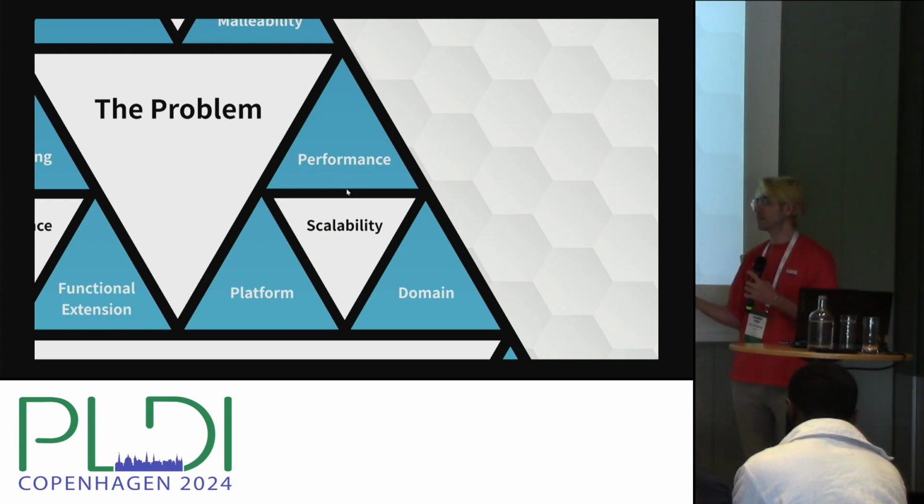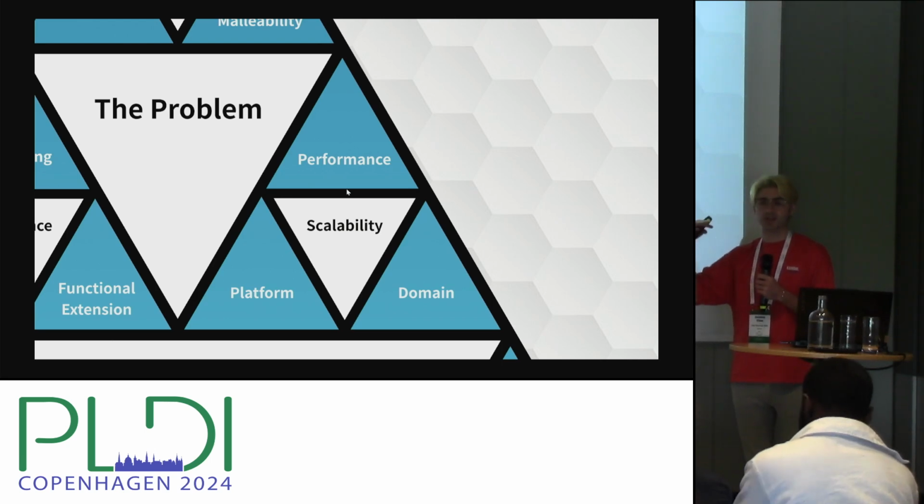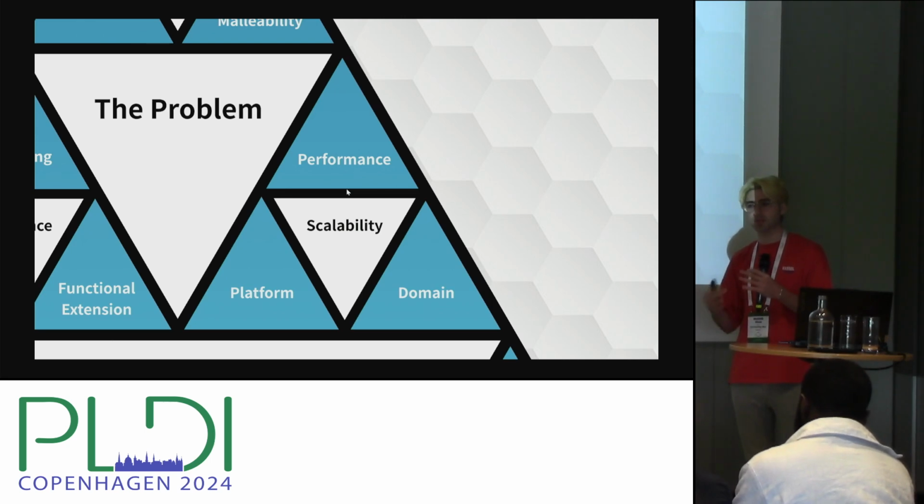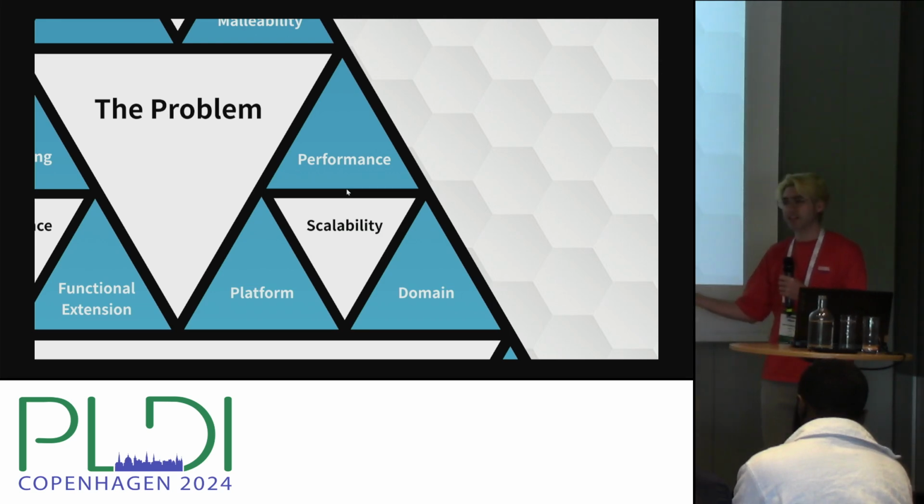Then there's platform independence. We want to be able to run parsers on GPUs, CPUs, and distributed systems. We want to have all of those things, but it's not a solved problem. And then there's scaling between your domains.